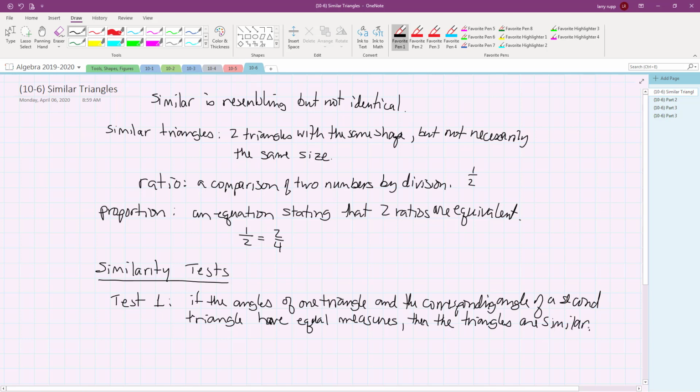That's test number 1. If the angles of one triangle, not just a particular angle, correspond to and have equal measure to those of the other, the triangles are similar.